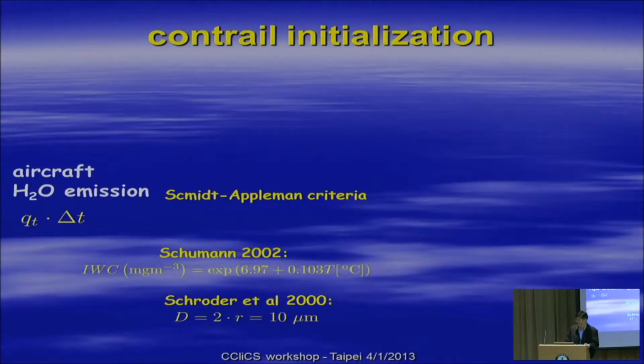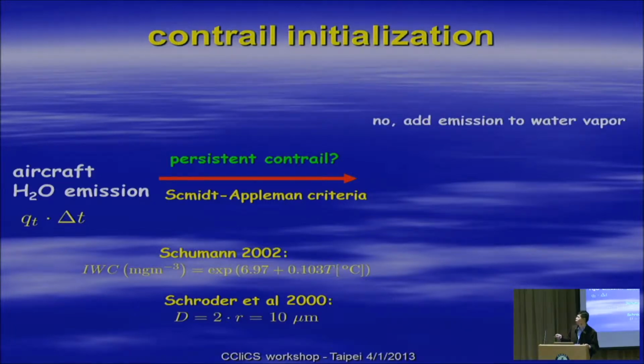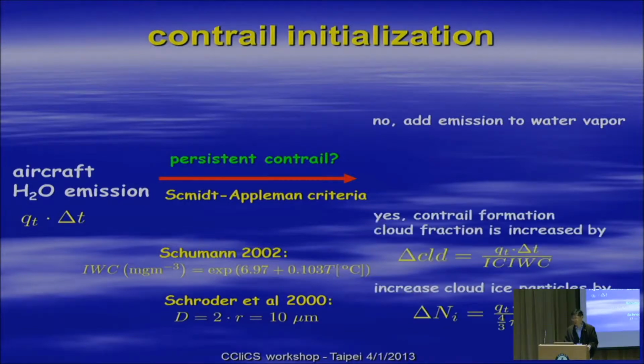And if the criteria is not met, then the water vapor will go into the background water vapor field. If contrail formation is possible, then you have to increase the cloud fraction by this amount. This is the aircraft water vapor emission divided by the in-cloud ice water content of contrails, given by an empirical function shown here.